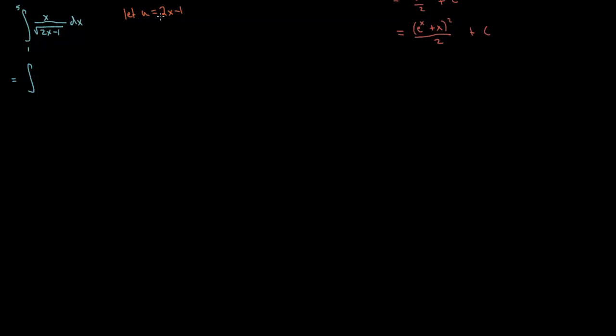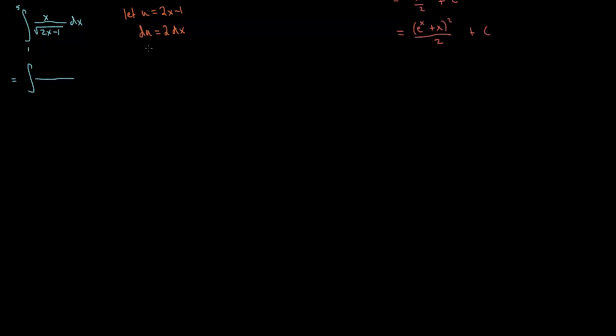If we make this substitution u equals 2x minus 1, well, first of all, what does du equal? du equals 2 dx. Okay, that's good so far. But what does dx equal?